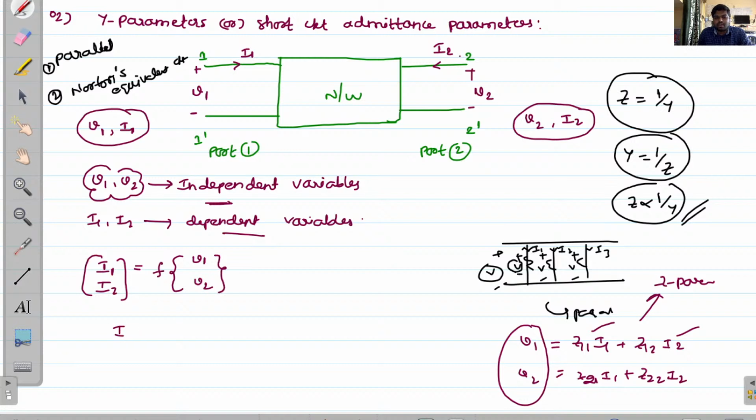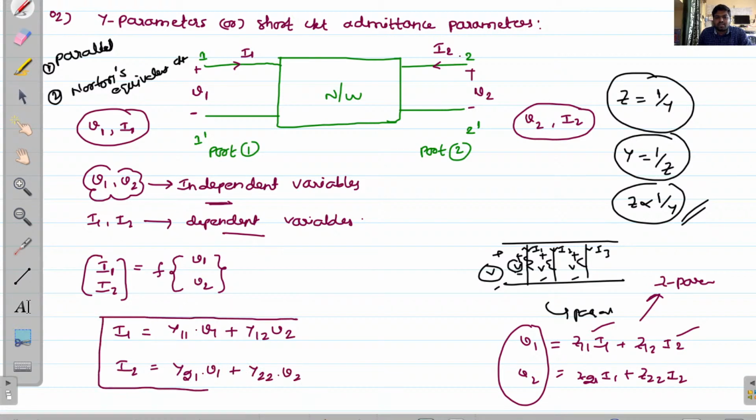So I1 equals Y11 into V1 plus Y12 into V2, and I2 equals Y21 into V1 plus Y22 into V2.